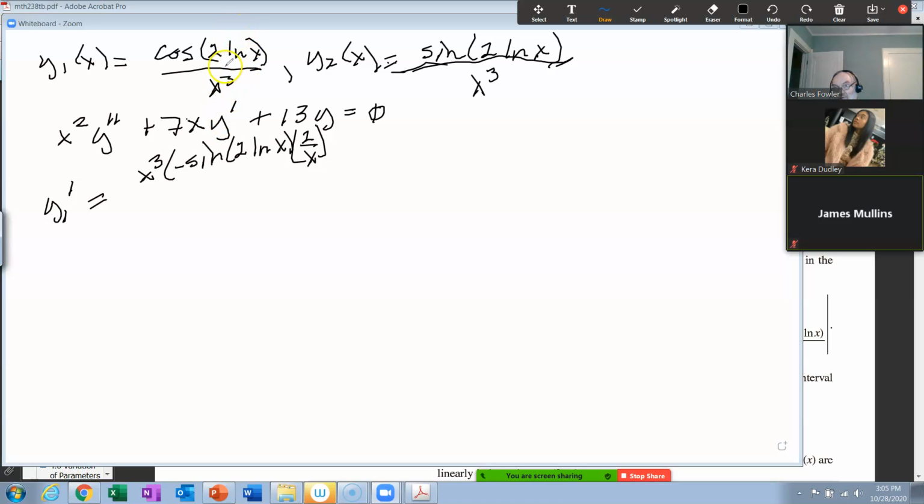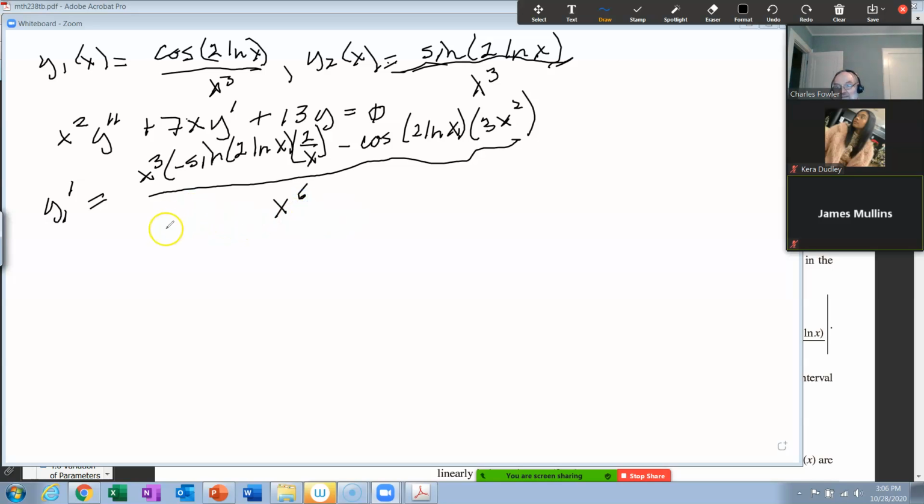So that's low times derivative of the numerator, minus high, that's the cosine of 2 log x, times the derivative of the denominator, which would be 3x squared. All divided by low squared, which is x to the 6th.